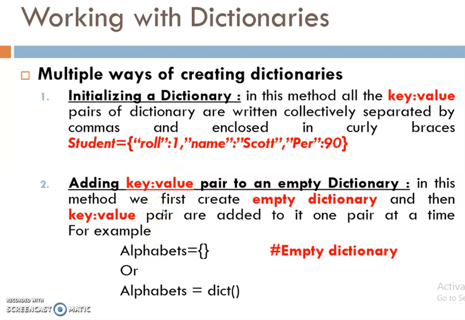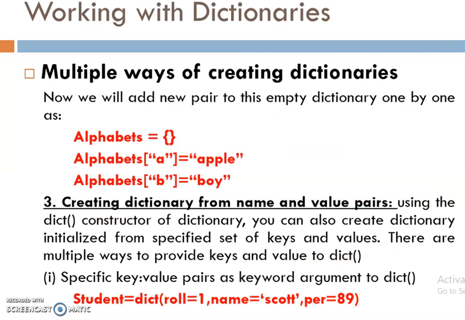Next one, adding key value pairs to an empty dictionary. In this method, we first create an empty dictionary and then key value pairs are added to it, one pair at a time. See the example, alphabet is equal to empty braces, or alphabet is equal to dict(). This dict is a keyword to create an empty dictionary.